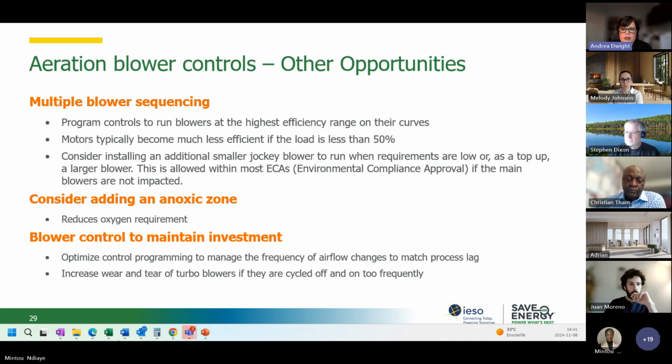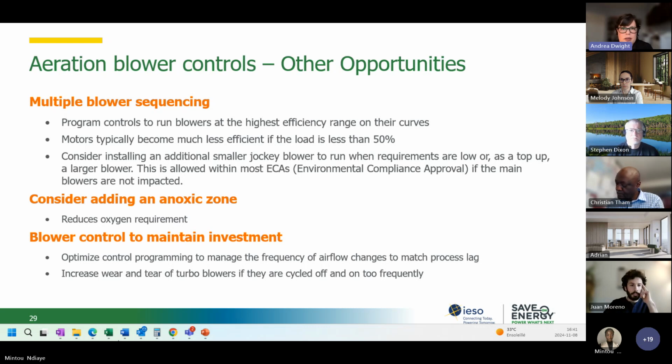So as Stephen had mentioned, leaving all of the existing blowers in place and installing a jockey blower to run at a sweet spot with your current flow rates may be a really good alternative. It also provides an intermediate size blower range when you have to add a new one or add more than one blower at a time.